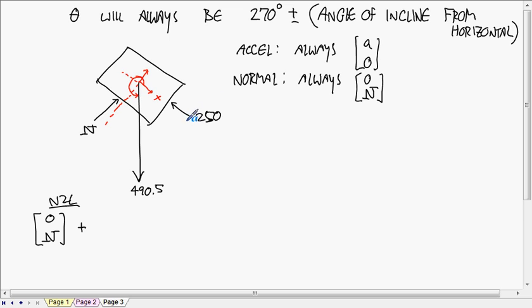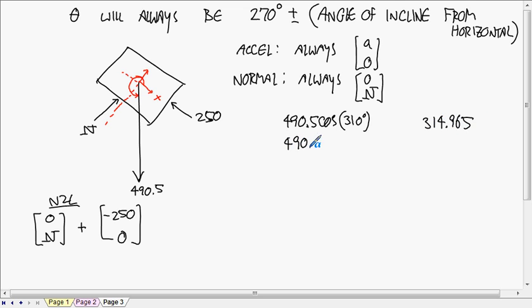Yep, that's pointing in the negative x direction, so negative 250, 0. The weight force, what's 490.5 times the cosine of 310? And 490.5 times sine of 310? Negative 375? Thanks.